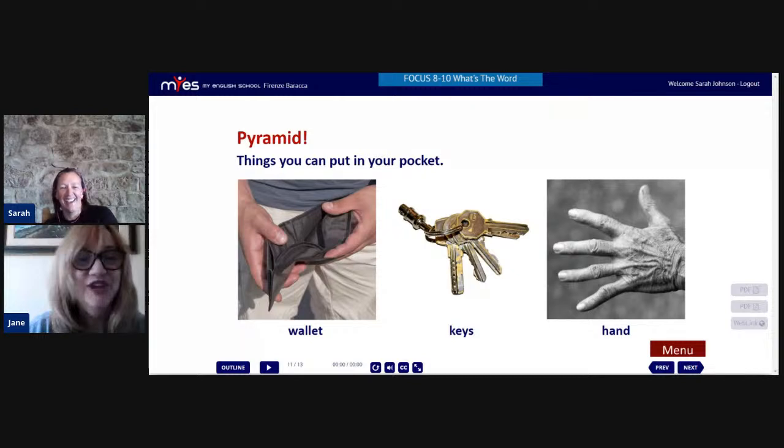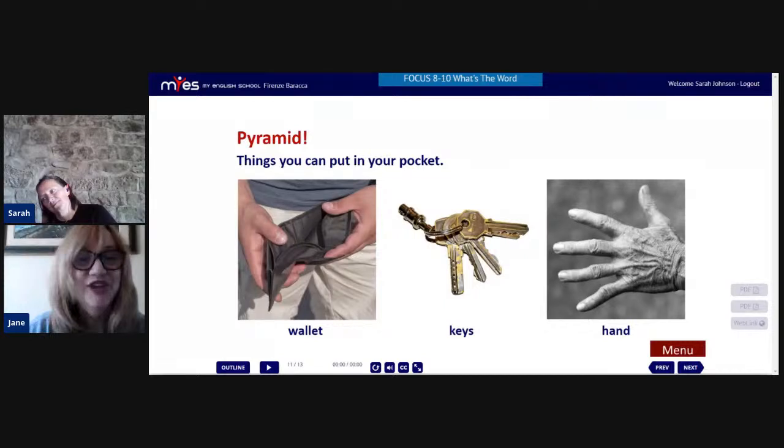Diomira, have you come up with anything? If not, I'm going to start to describe these things to Sarah. These objects are what we use to enter into a house.